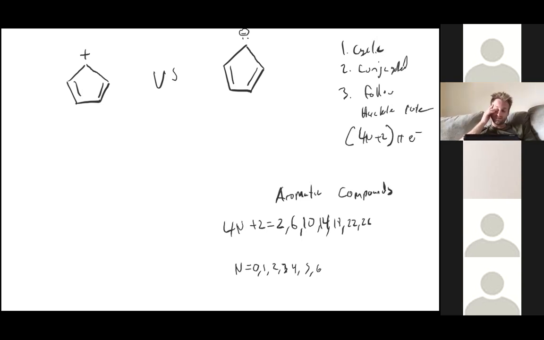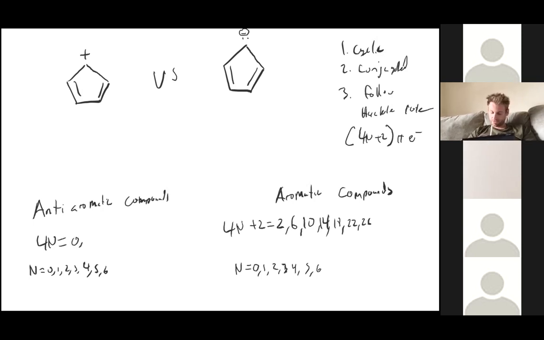Alternatively, all of the anti-aromatic compounds are going to fall into a 4n rule. So if n was to equal 0, well, we'd have 0 electrons, although that one doesn't really count.